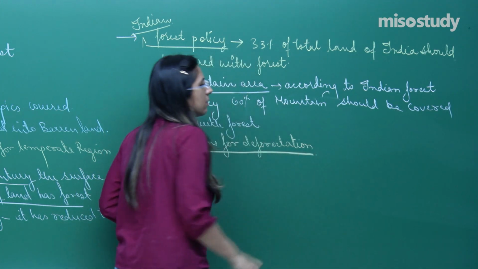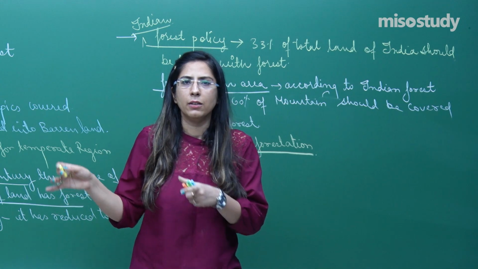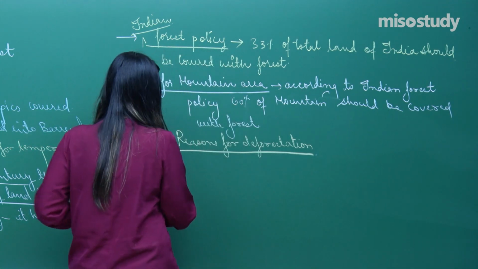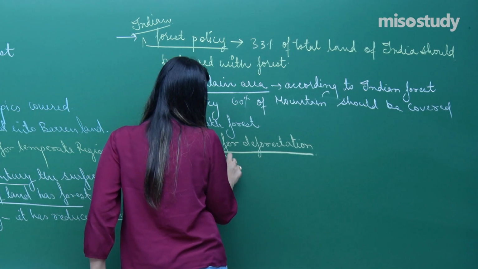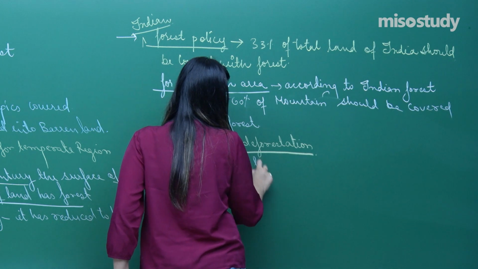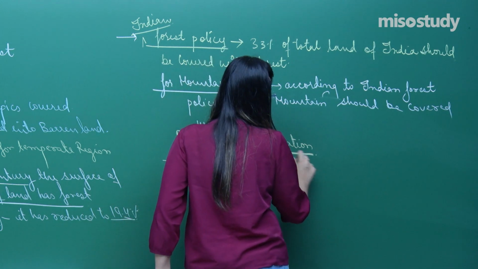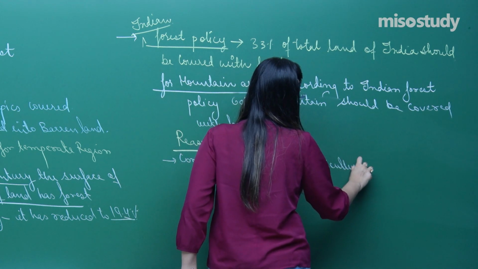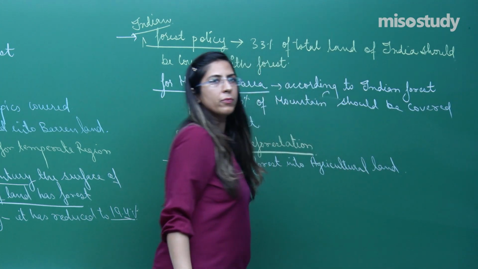One of the major reasons for deforestation is the conversion of forest into agricultural land. This is one of the reasons, right?